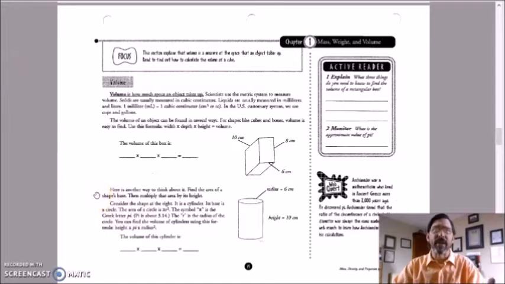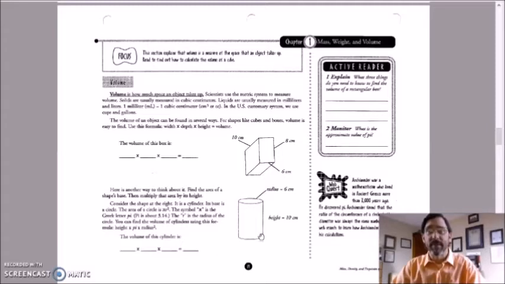So here's another way to think about it. You find the area of the base, the shape's base, and then multiply that area by its height. When we consider the shape on the right, this is a cylinder. Its base is a circle. The area for a circle is pi multiplied by the radius squared.